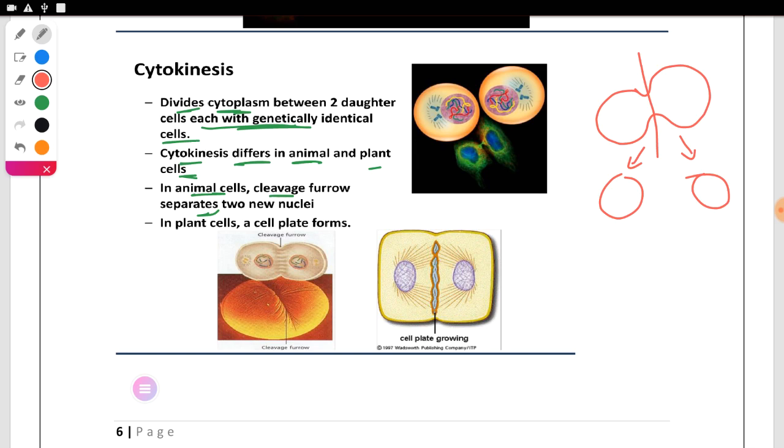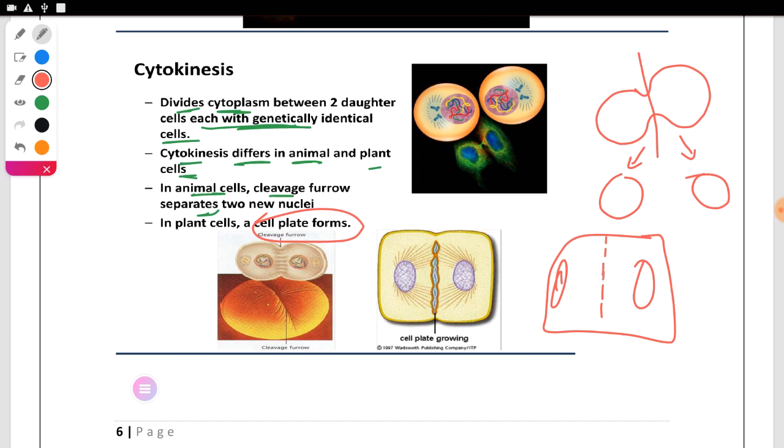But this happens in the animal cell. What happens in the plant cell? The plant cell doesn't get separated this way, it doesn't make a cleavage. Let's imagine these are two plant cells. Here you can see a wall, or a cell plate, is formed to separate the two cells. So now the two cells are separated.